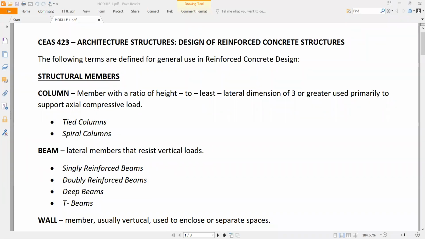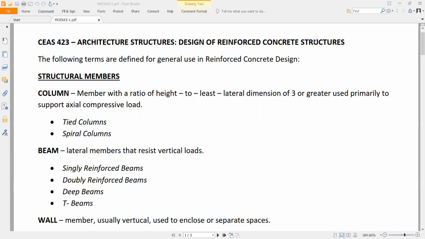Okay, so for today, I decided to have our lecture as an asynchronous discussion. I'll be discussing the terminologies, or an introduction to the architecture structure or the design of reinforced concrete structures.